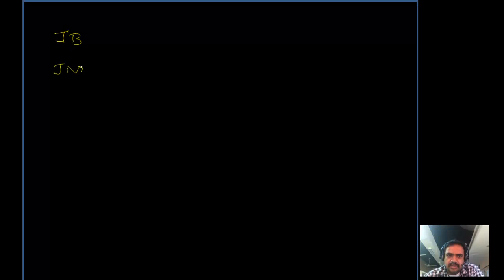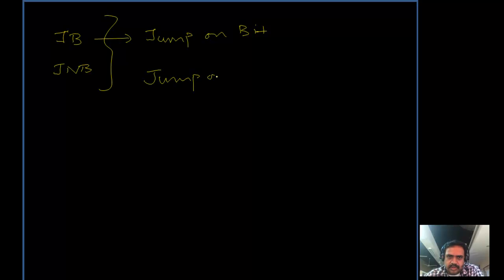Okay. The next instruction that I'm going to teach you is called JNB. This is nothing but jump on bit, jump on no bit. Okay, what is this jump on bit, jump on no bit?